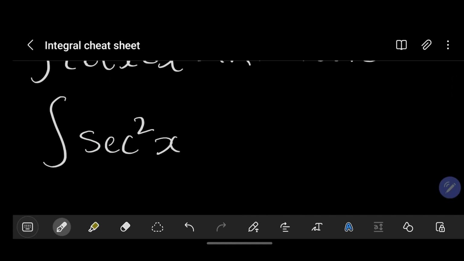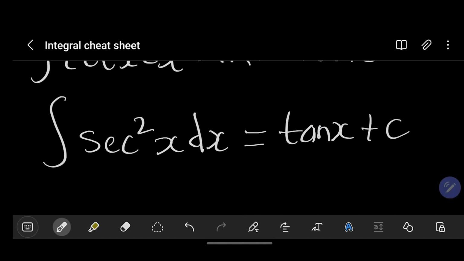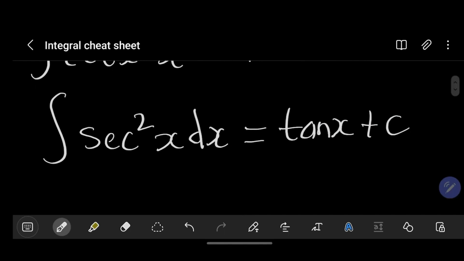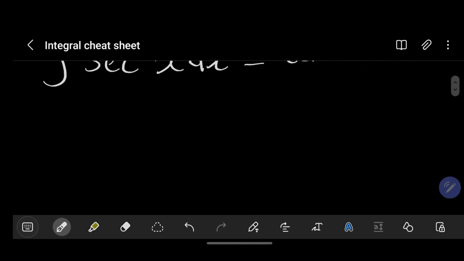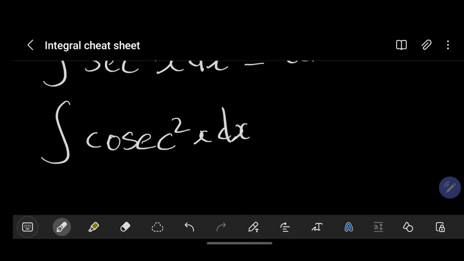Then the integral of sec squared x dx, that's equal to tan of x plus c. Let's go with the next one. The integral of cosec squared x dx is equal to minus or negative cot x plus c.